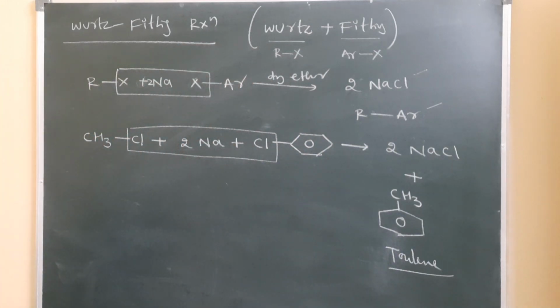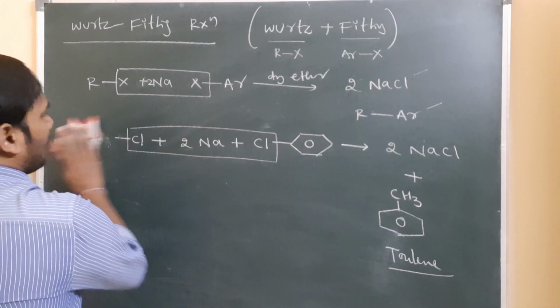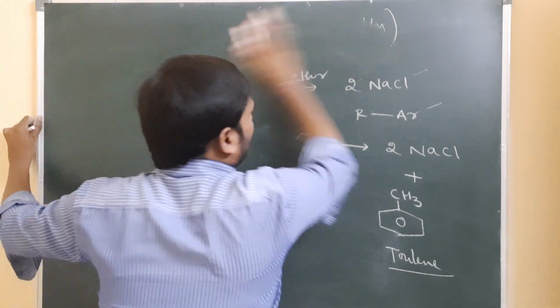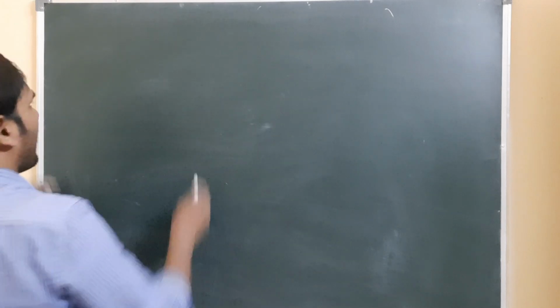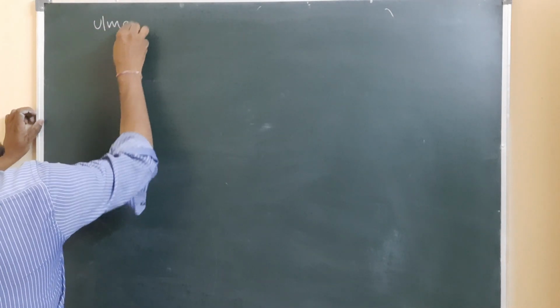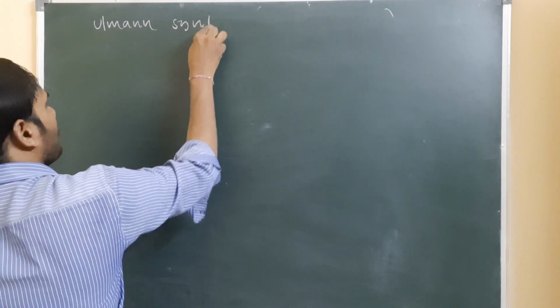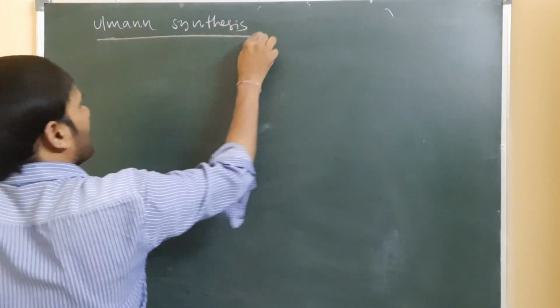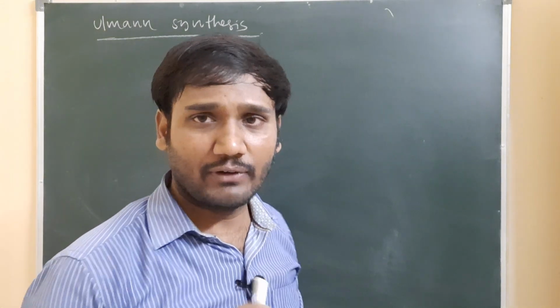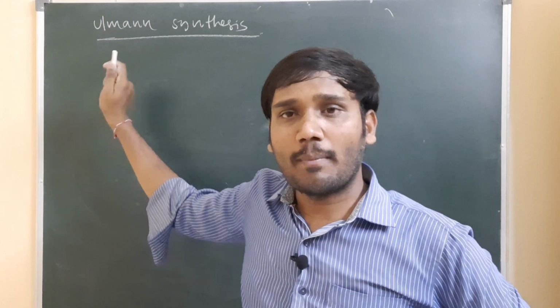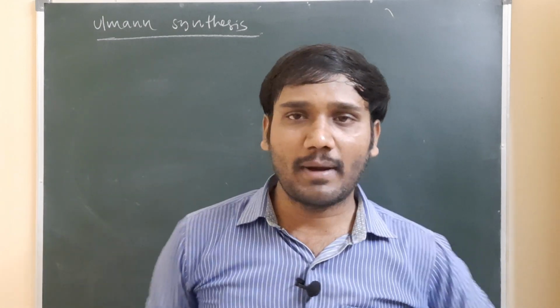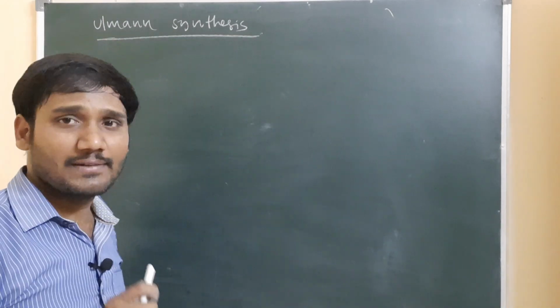The next reaction we are going to discuss is the Ullmann synthesis. The Ullmann synthesis is the same as the Fittig reaction, but in the Fittig reaction we take the aromatic halide with sodium in the presence of dry ether.